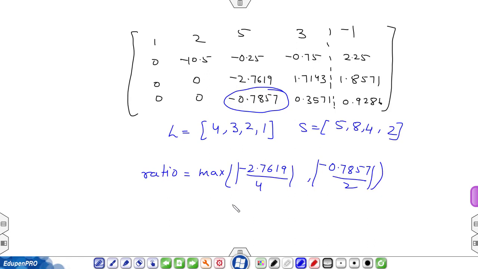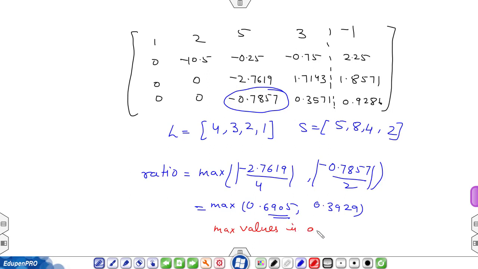Whichever value is coming out to be maximum: first is associated to the third row and this value is associated with the fourth row. It is coming out to be maximum of 0.6905 and 0.3929.